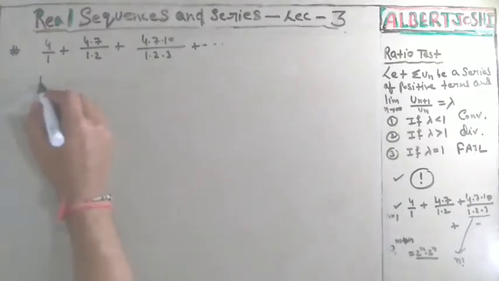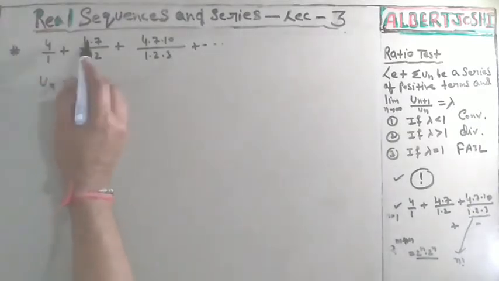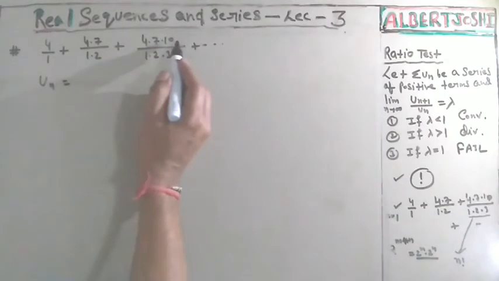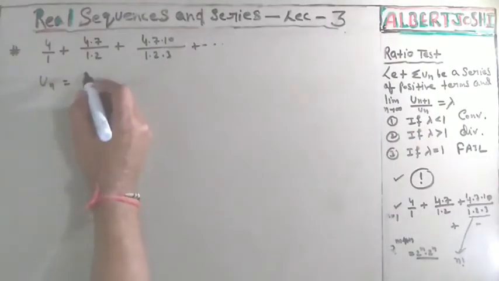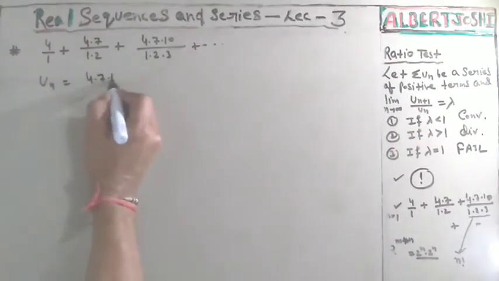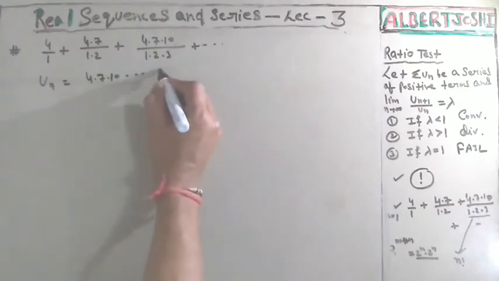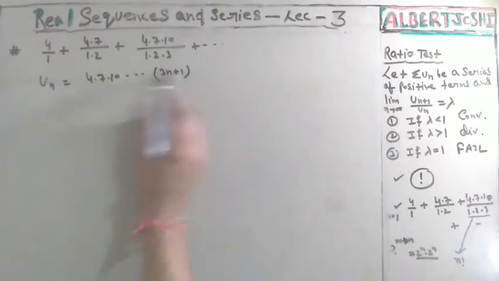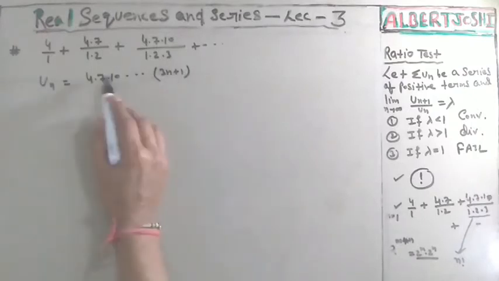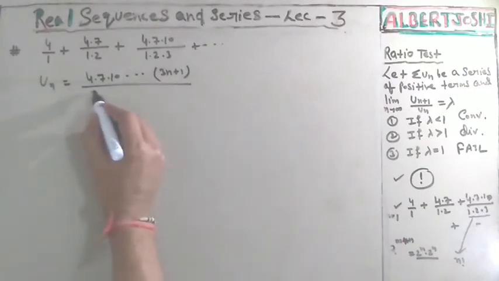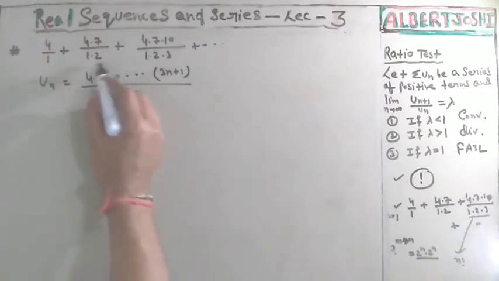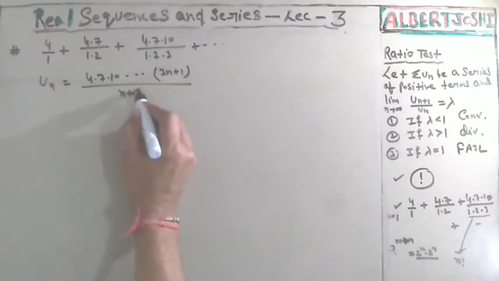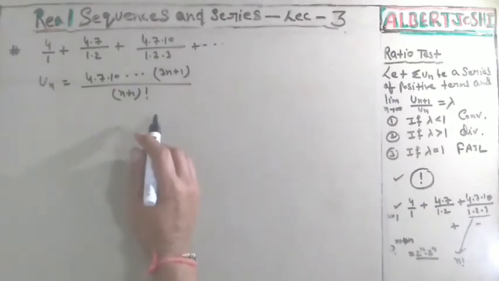What is un? Now you can see 4 into 7, then 4 into 7 into 10, up to so on, so you are getting 3n plus 1. You can see that 3 times 1 is 3, plus 1 is 4; 3 times 2 is 6, plus 1 is 7; 3 times 3 is 9, plus 1 is 10. And in here also you have n plus 1 factorial.